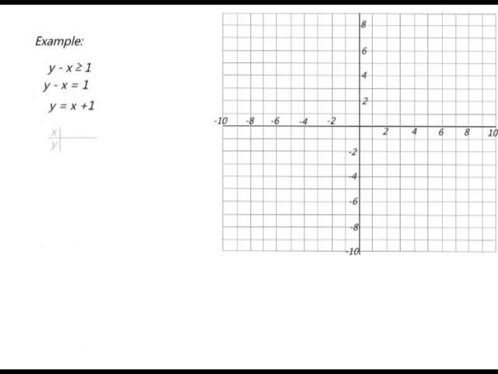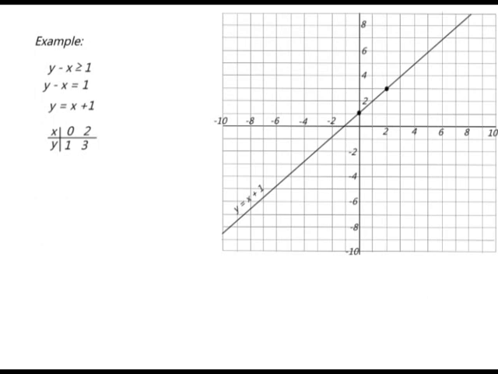We look for 2 points, choose 2 values of x, and calculate the corresponding values of y, which is 0 and 2. When x is 0, y will be 1. When x is 2, y will be 3. These are the points, and the line again will be continuous. So we draw the line.